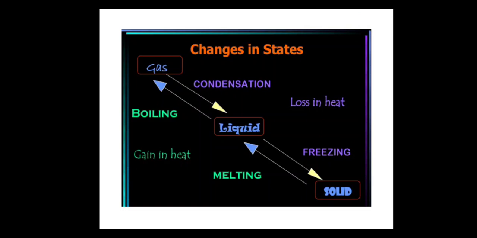When heat is supplied to a liquid, it converts into gas and the process is known as boiling. The gas can be converted into a liquid by the loss of heat, and the liquid can again be converted into the solid state with the loss of heat. Gas to liquid is called condensation, and liquid to solid is called the freezing process.